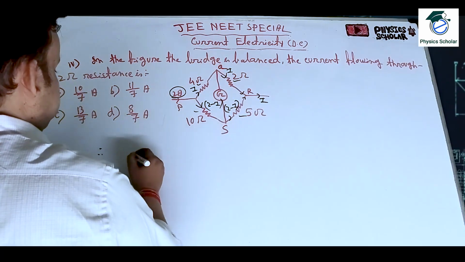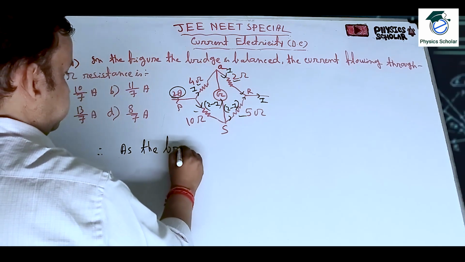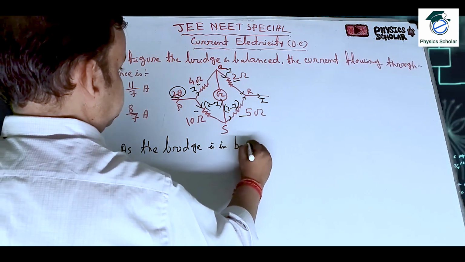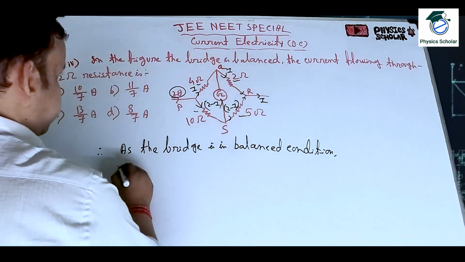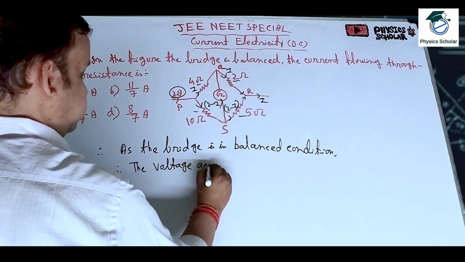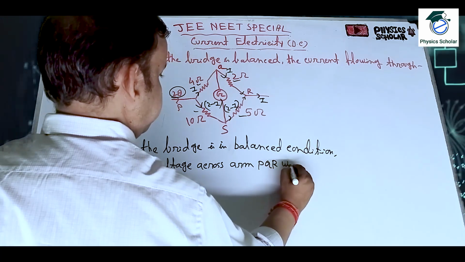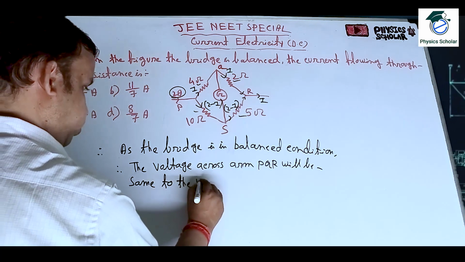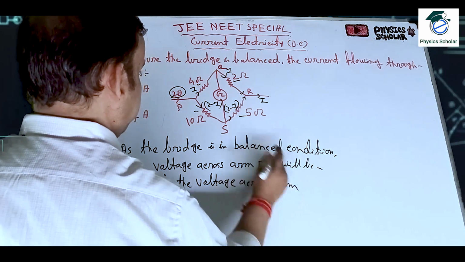Clear? So now as the bridge is in balanced condition, the voltage across arm PQR will be the same as the voltage across arm PSR.